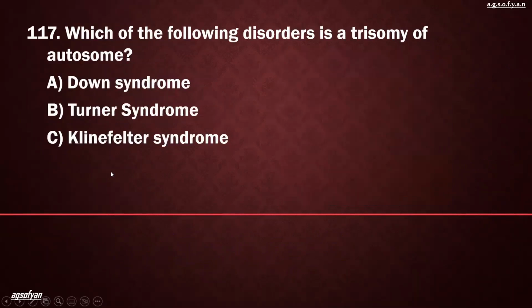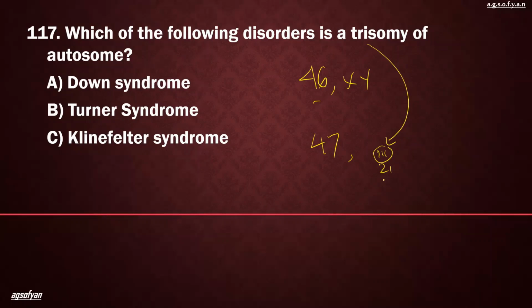Okay. Which of the following disorders is a trisomy of an autosome? It means that it has an extra chromosome. Like we are 46, XX or XY, right? This is normal. Sometimes someone has 47 because of an extra chromosome. This person actually has an extra chromosome in number 21. So number 21, instead of having 2, actually has 3 chromosomes. That's what we call trisomy. So what do you call the syndrome that has an extra chromosome in number 21?